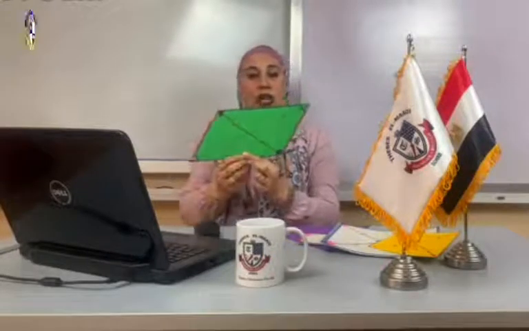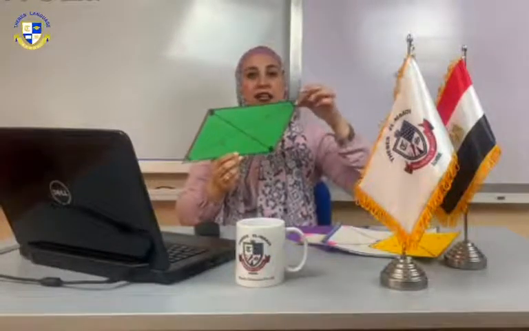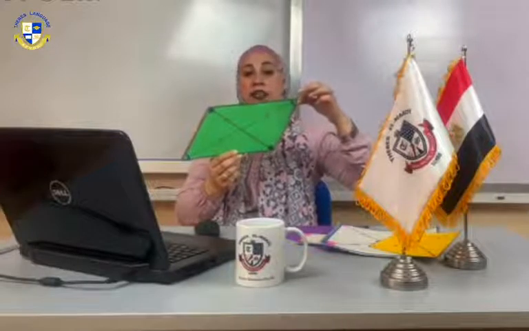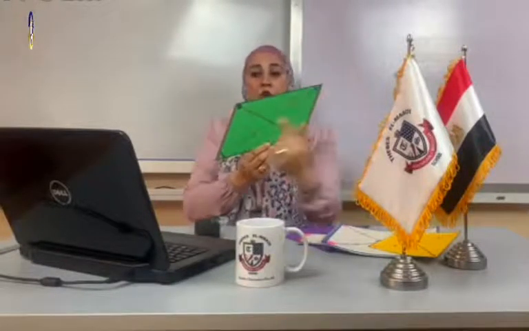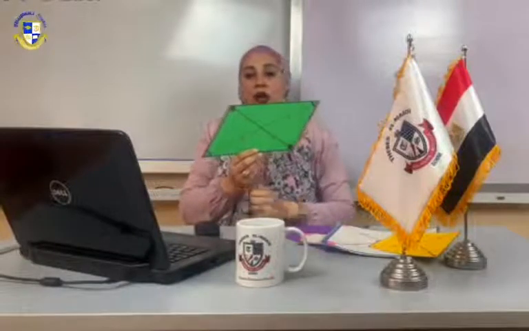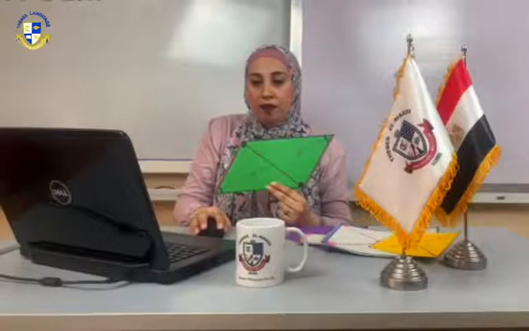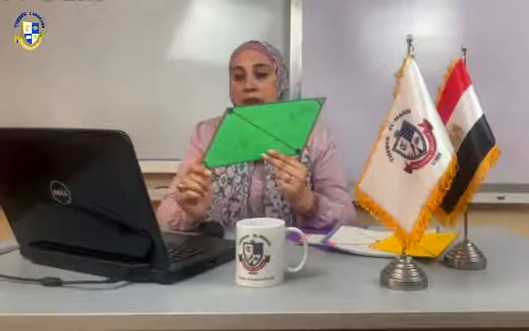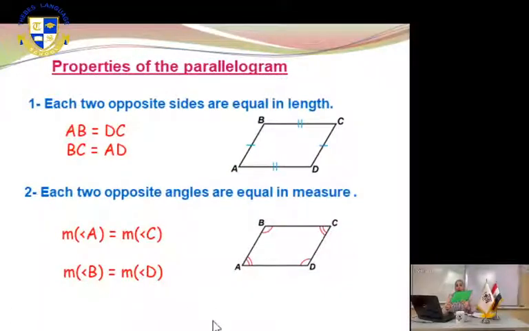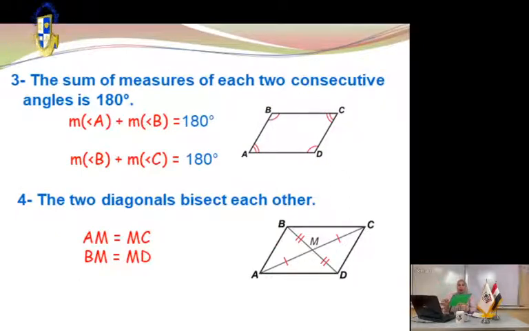So if angle A equals 60 degrees, the measure of angle C will be 60 degrees too. The sum of each 2 consecutive angles is 180 degrees. What is the meaning of consecutive angles?